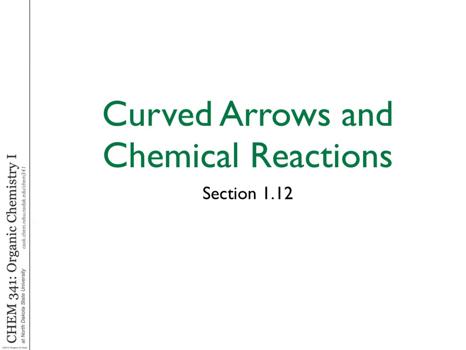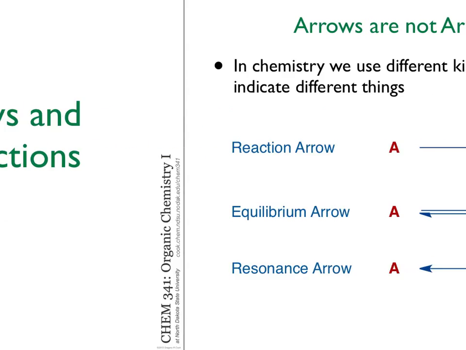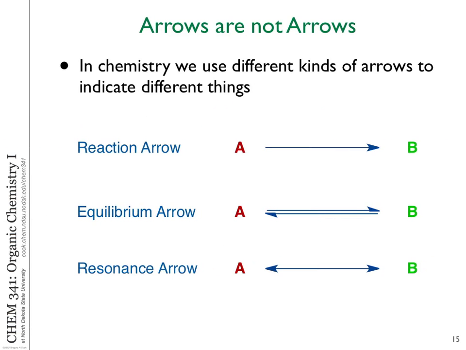Okay. You've seen me draw lots of different arrows throughout the class so far. And this is, again, part of the language of chemistry. And it's important that we're all speaking the same language. When we talk about chemical reactions, we have various kinds of arrows that we can utilize to mean different things. It's very important to use the right kind of arrows to show what you're talking about.